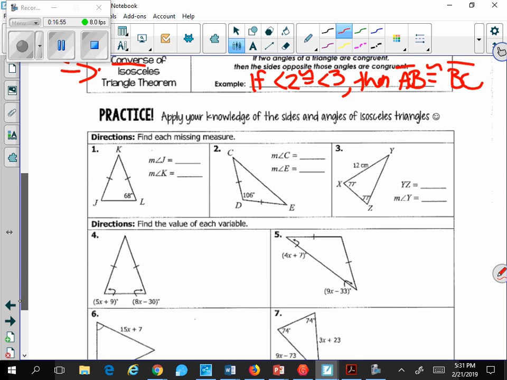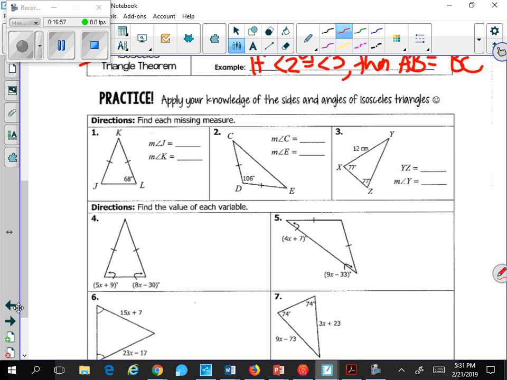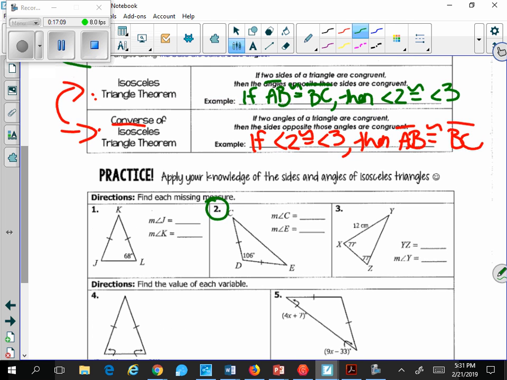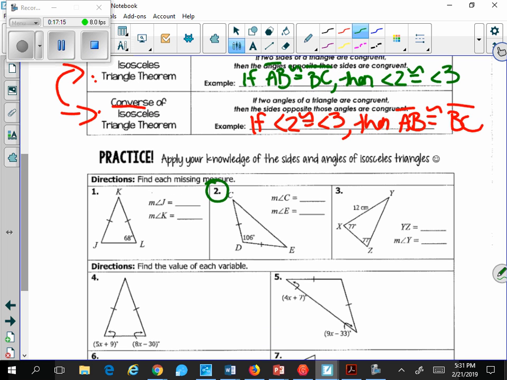So the way that we're going to use that, I'm going to skip. Well, actually, let's take a look at number 2, because this is applying that idea of the isosceles triangle theorem, saying that my two base angles are equal if I have sides that are equal.